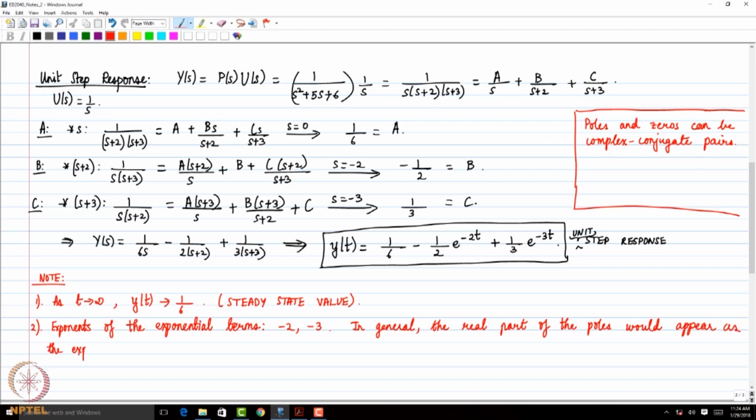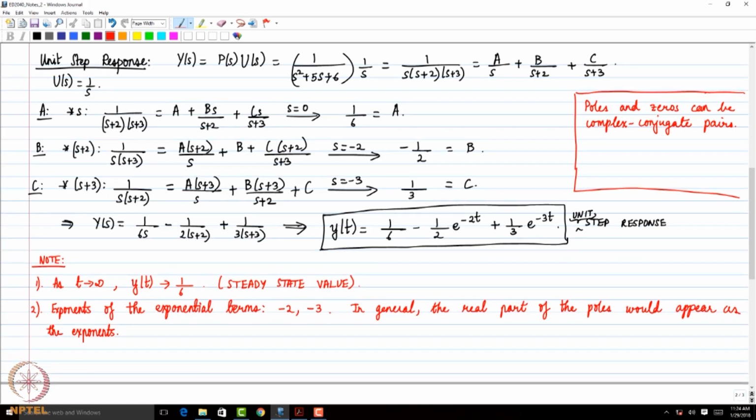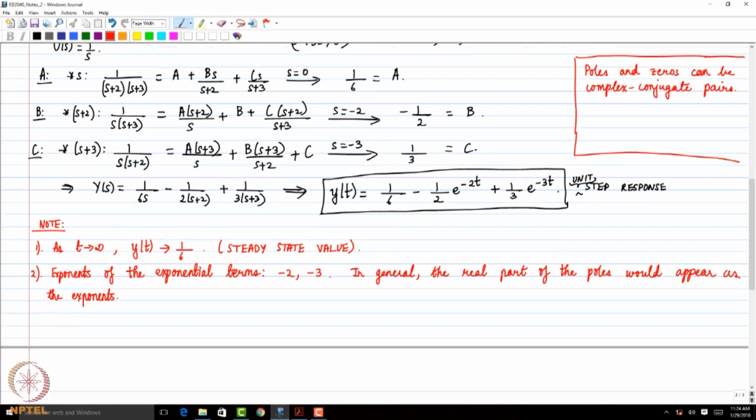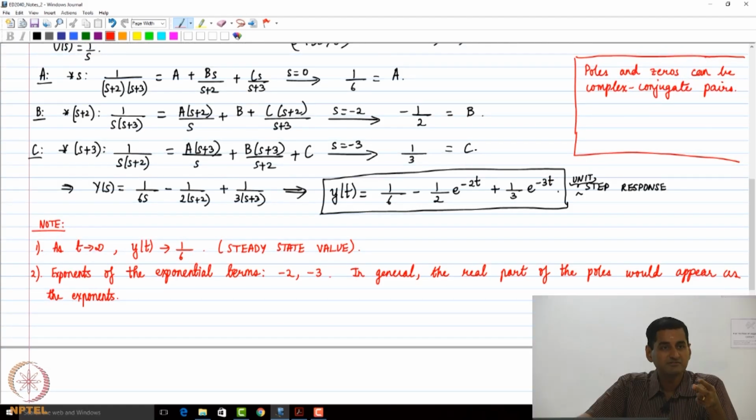exponents. Please note that since I have two poles in this example, I am going to have two exponential functions, so this is a linear combination of these exponential terms. The exponents are going to be the real parts of the poles in general.